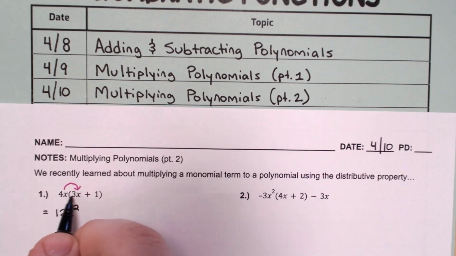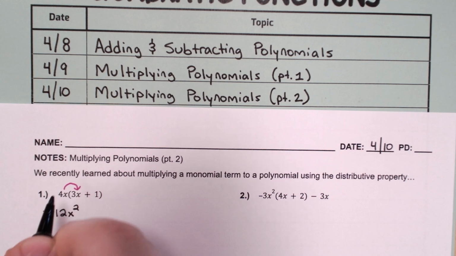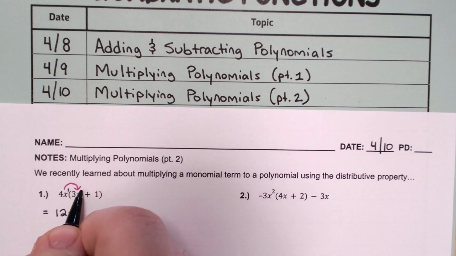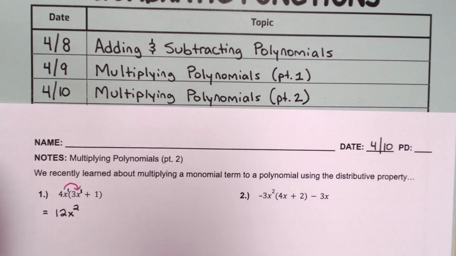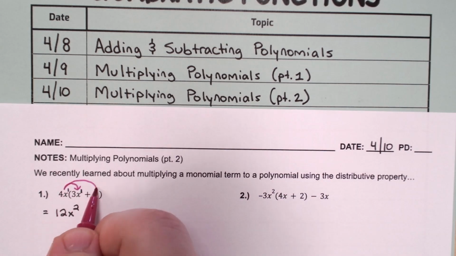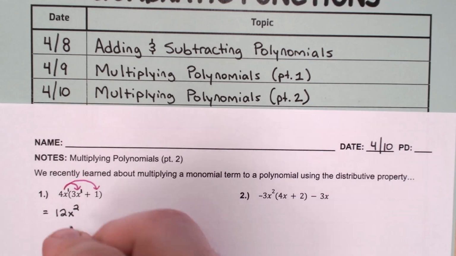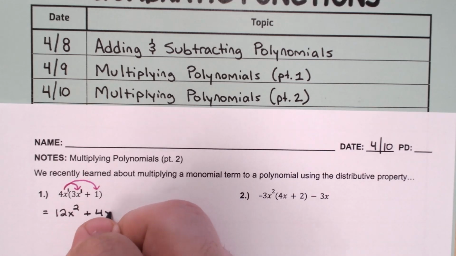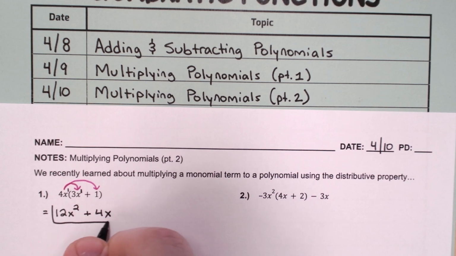The 12 comes from 4 times 3. The x squared comes from the fact that this was x to the first times x to the first, and you add those exponents. Then 4x times 1 is just 4x. Your answer is 12x squared plus 4x.